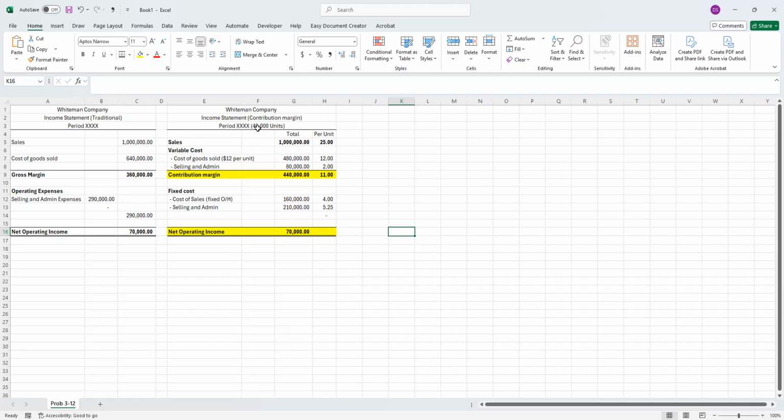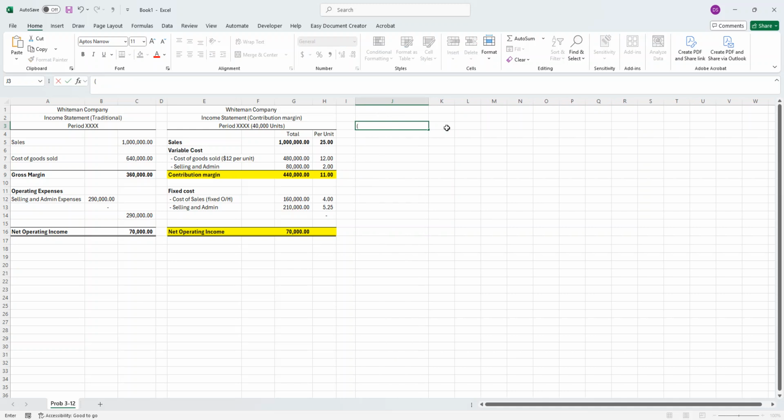In this example, we know that the contribution margin is $11 per unit. So without doing any full calculation, I'm going to calculate my contribution margin using 32,000 units. I'll fill in the rest of the information, sales and variable cost, later, but I want to do the calculation just to the contribution margin.